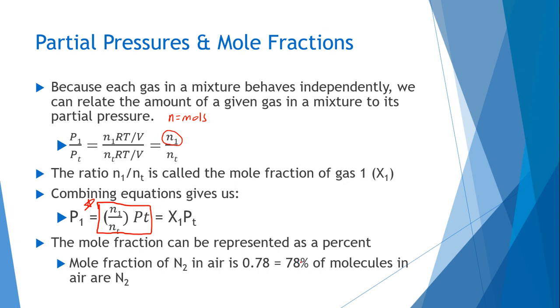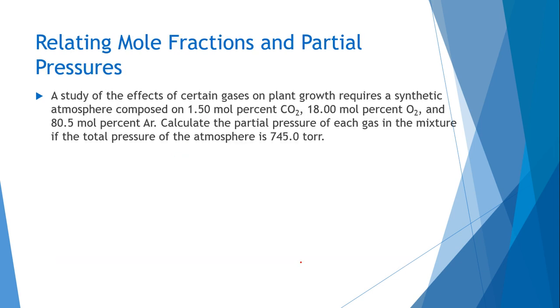So let's try to do an example and kind of explain it, and then hopefully it makes more sense. So I'm going to go ahead and actually write down our equation. So P1 equals N1 divided by NT times PT.